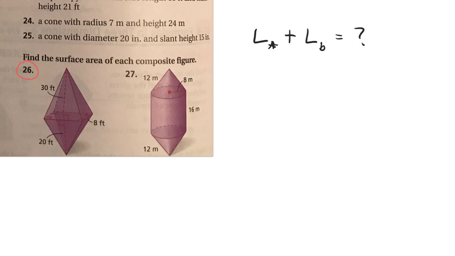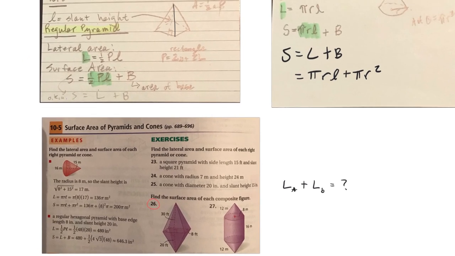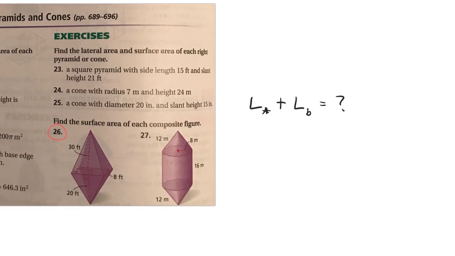Okay, so what we could do is we could break it down and ask ourselves, well, what's the lateral area of the top? Now let's remind ourselves, when it comes to a pyramid like this, the lateral area is 1/2 the perimeter times the slant height. Okay, so the lateral area of the top is going to be 1/2 the perimeter, which I'm not so sure what that is yet, times the slant height. Now the slant height is 30, so we could begin the process of fleshing that out.